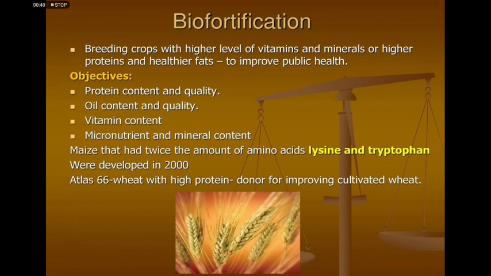Atlas 66 is a wheat with high protein, a donor for improving cultivated wheat. That means through this biofortification, we can improve the crop quality by adding various nutrients. This is also obtained through the earlier discussed plant breeding procedures. By biofortification, we can improve public health.